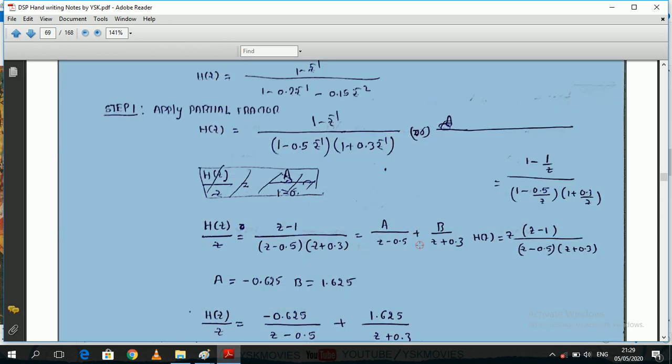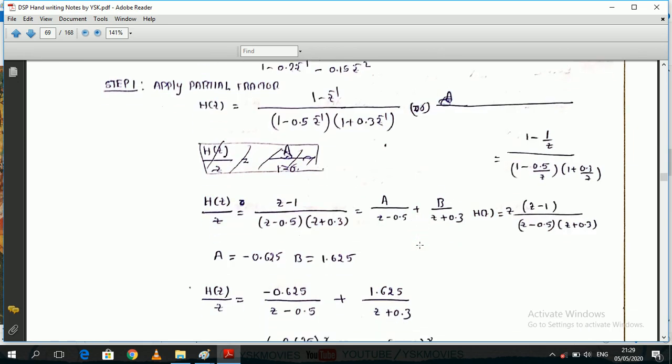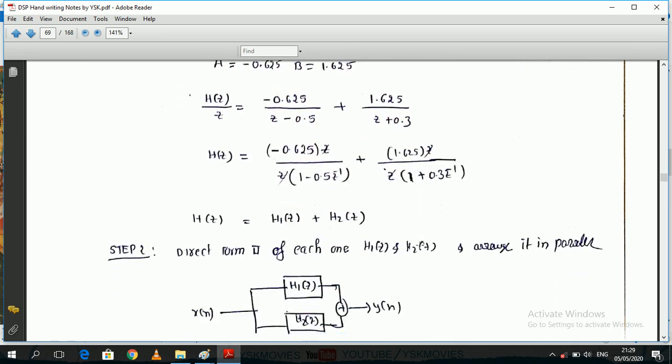After partial fractions, you have H of z equal to H1 of z plus H2 of z. In cascade method, H of z is nothing but H1 of z into H2 of z. In parallel realization, H of z is equal to H1 of z plus H2 of z. So how do you design it? H1 of z is joined with H2 of z through an adder.